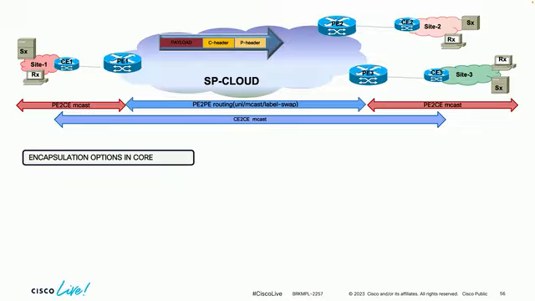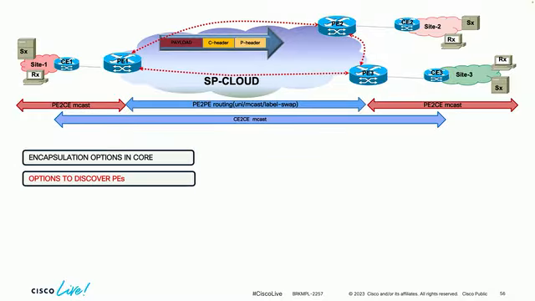We need some way to encapsulate any customer packet within the service provider network. The reason you need encapsulation here is that as a service provider, you may be providing service to multiple customers. If you have multiple customers, you want to make sure that a packet from customer A is really not going to map with a customer B packet. So you need some kind of encapsulation to provide a secure transaction between PE to PE devices.